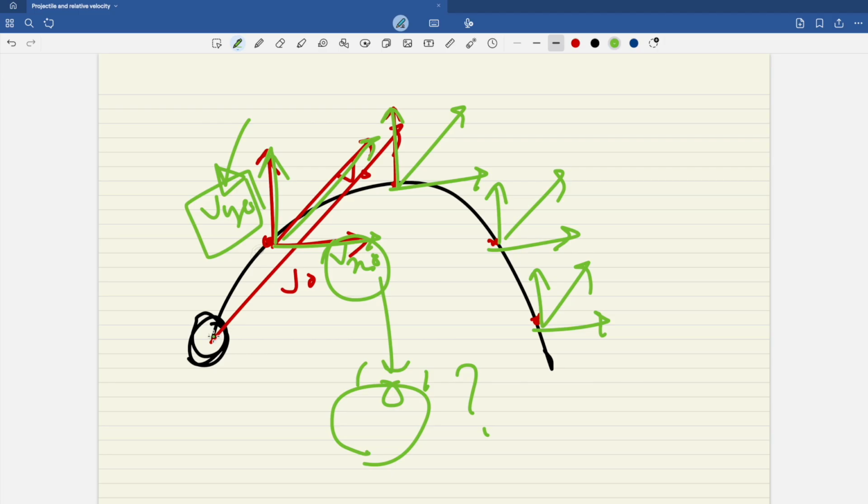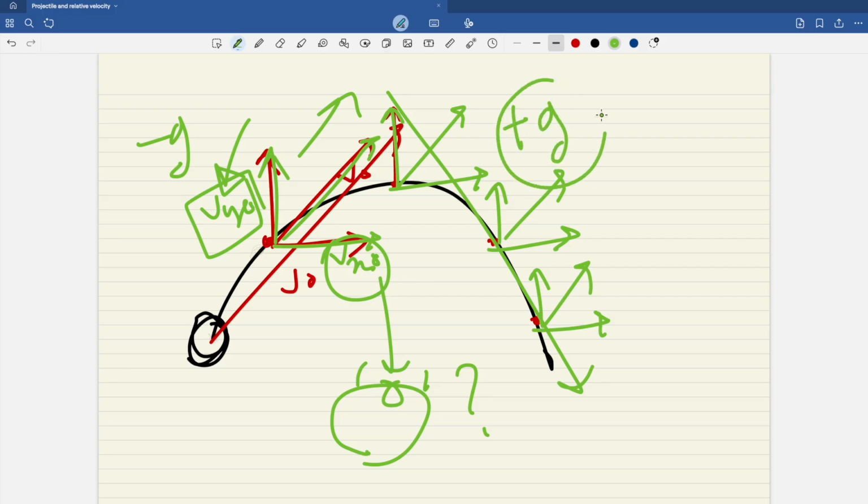Because when I'm throwing an object, it's going against gravity. After a certain point of time, it's moving along with gravity. So for Vy naught, the rate of change of displacement is logical, but when it's moving along the trajectory, the Vx naught always stays the same.